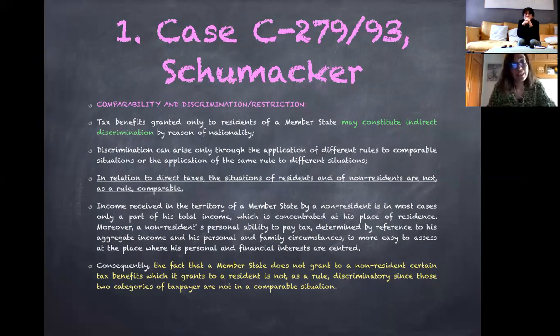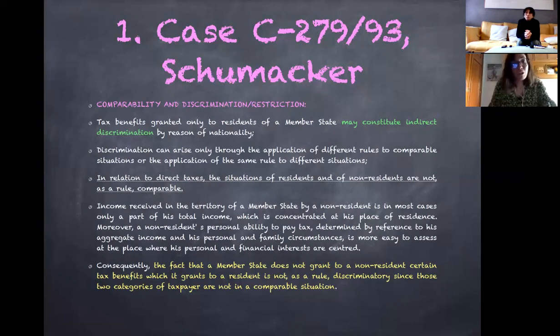The ECJ understands that tax benefits that are granted just to residents of a member state, in this case those residents of Germany, may constitute indirect discrimination by reasons of nationality.